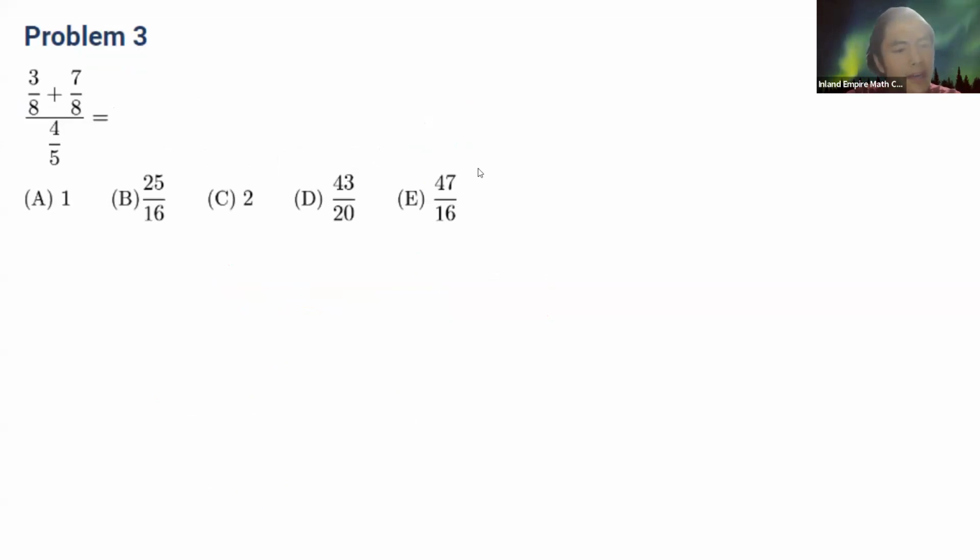Okay, problem 3. What is the quotient of 3/8 plus 7/8 divided by 4/5? What did we get for this question? Okay, Kimmy says it's D. Well, let's take a look.